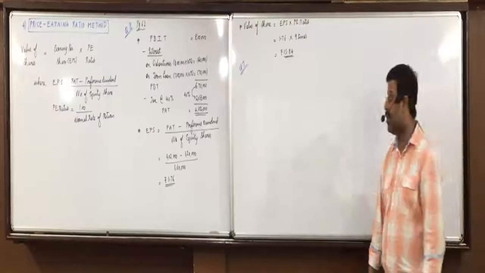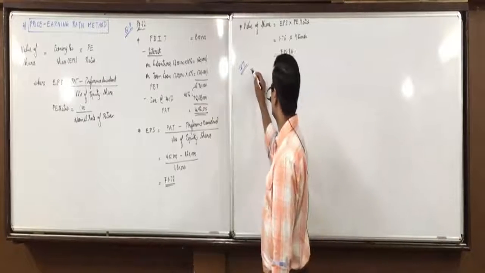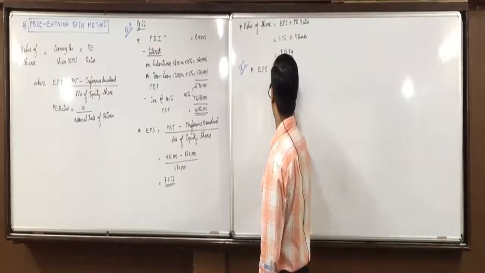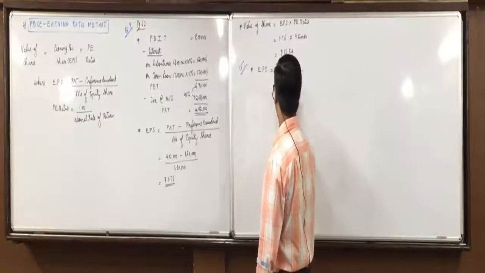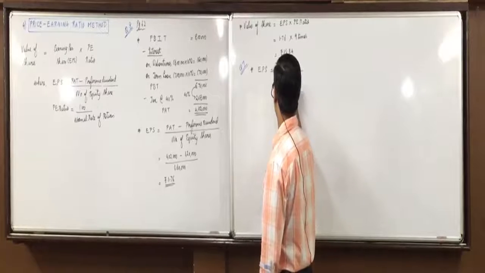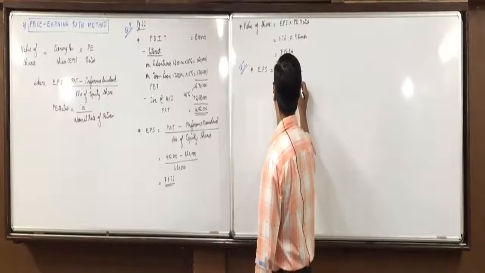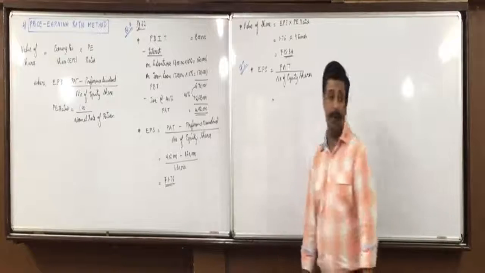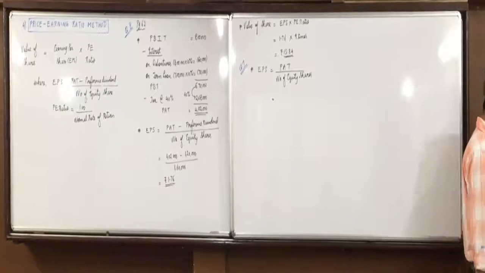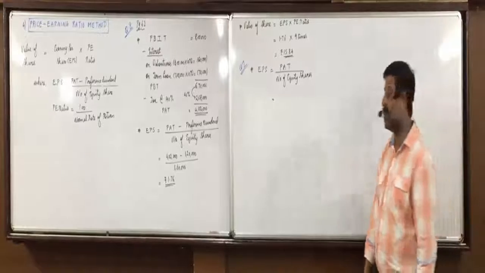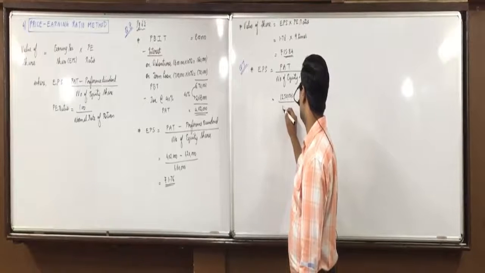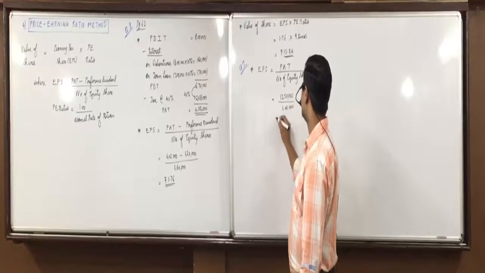First of all, earning per share. Directly we will apply the formula. Earning per share is equal to profit after tax minus preference dividend, which is not there. So straight away we will divide it by number of equity shares. Profit after tax is 12,50,000 divided by number of equity shares, which is 1 lakh, 8 lakhs divided by 8.